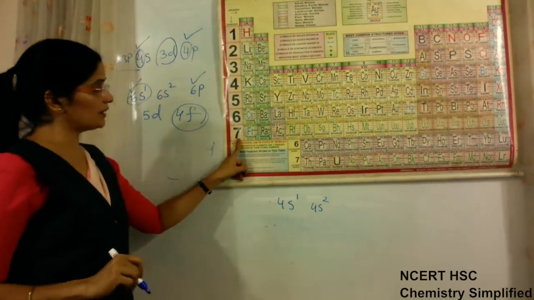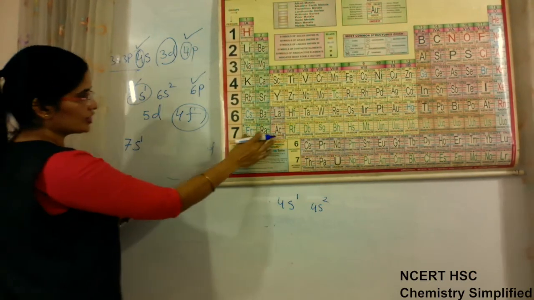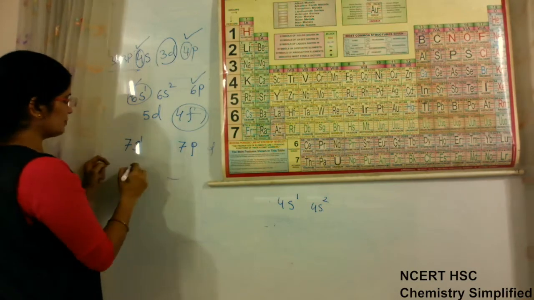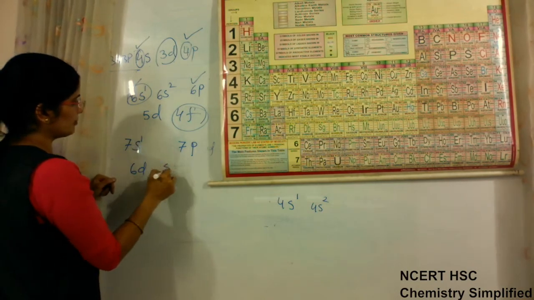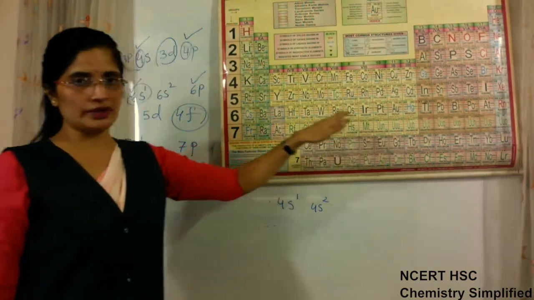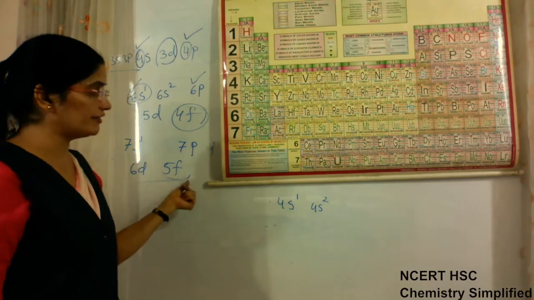In 7th period is 7S1 and 7S2. P will also be 7P, but D will be 6D and F will be 5F. That means in 7th period the electrons which will be going in F will be going in 5F.